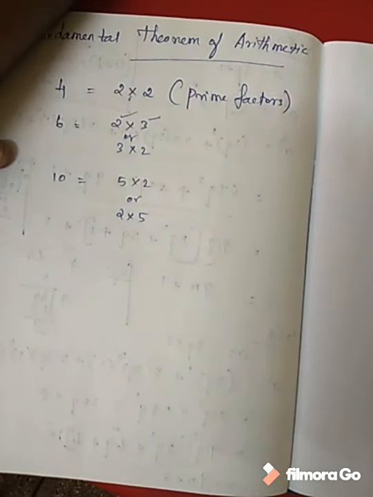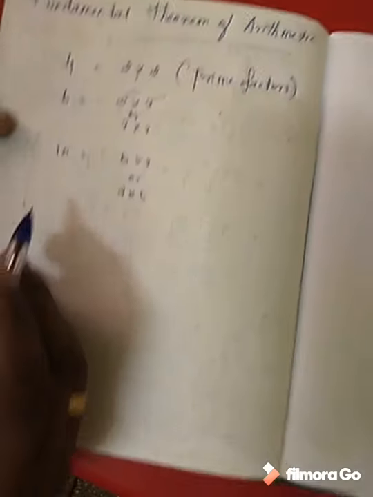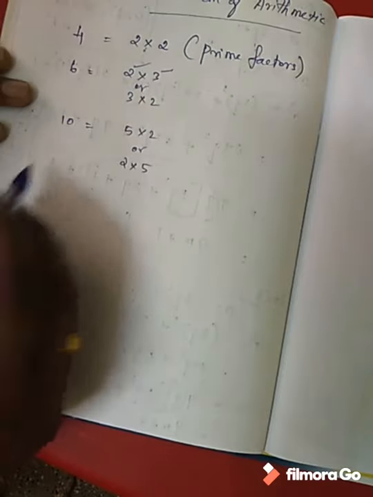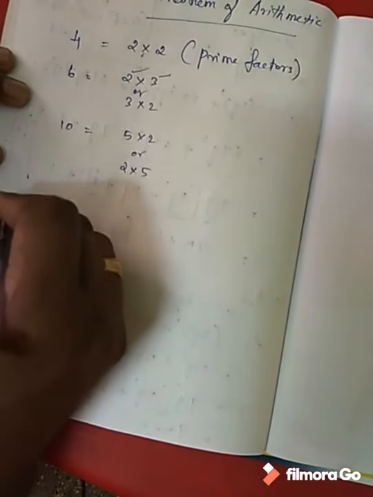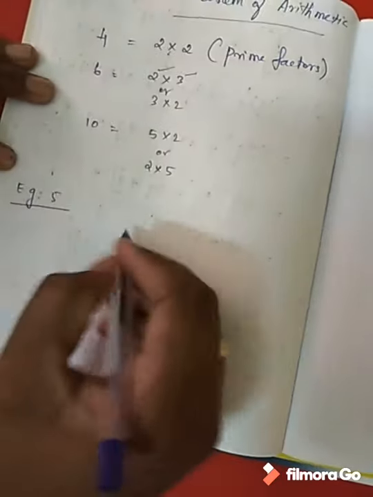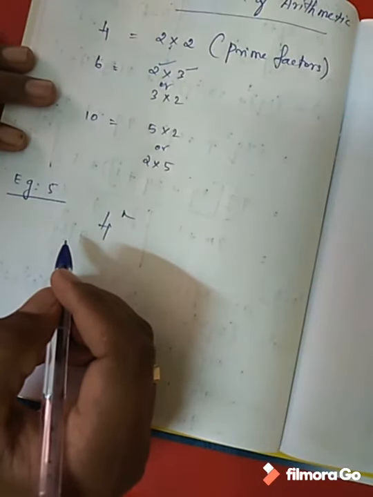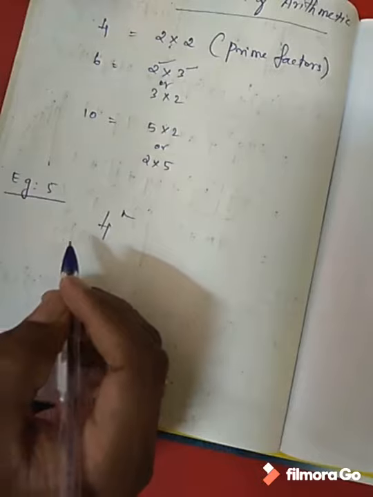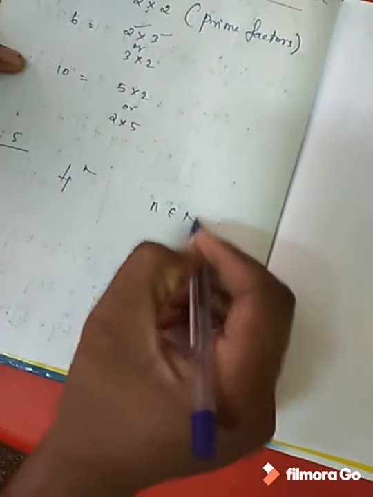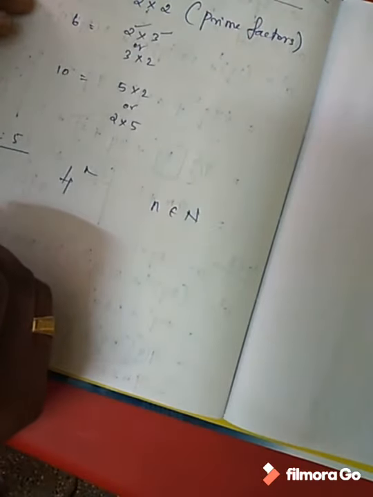Next we can see one example in the NCERT textbook, example number 5. Consider the number 4 power n, where n belongs to natural numbers, a positive exponent.